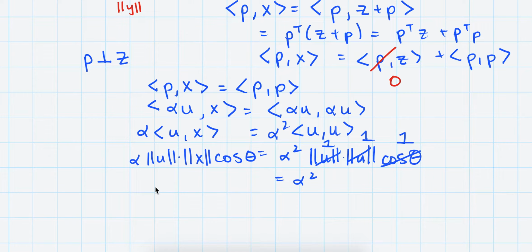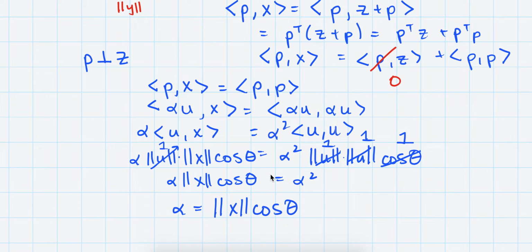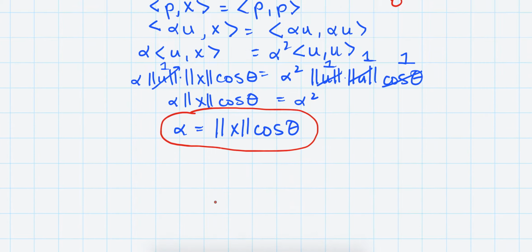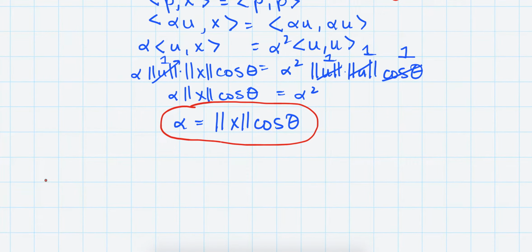And then I have this alpha here, and by assumption it's not 0. So I get, oh, and this has length 1. So I'm left with alpha, the length of x, cosine theta, and I can get rid of one of these alphas. So I get alpha is the length of x times cosine of the angle between them, and that is our scalar projection, the scalar we would get to put in front of u.